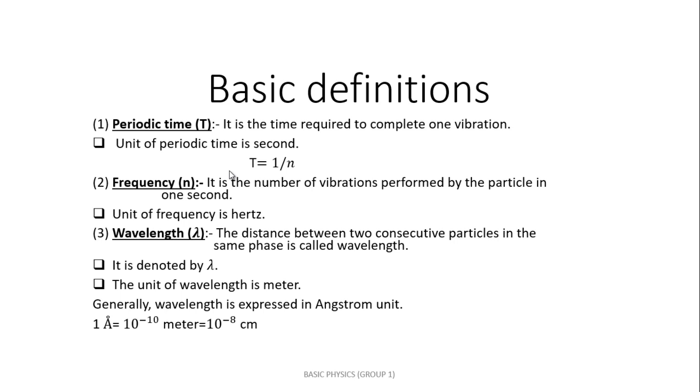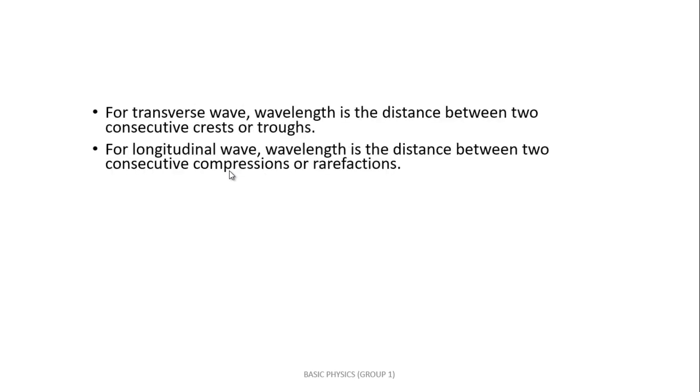In next topic we discuss two types of wave, transverse waves and longitudinal waves. So in wavelength, for transverse wave, wavelength is the distance between two consecutive crests or troughs.